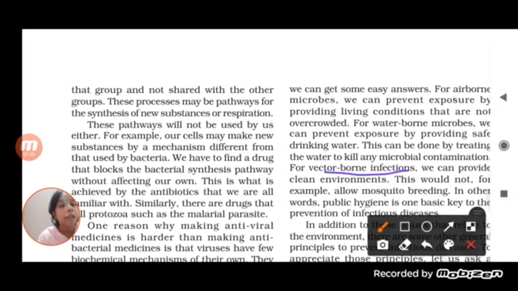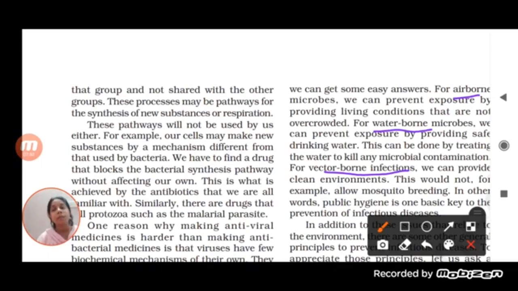We have seen airborne, waterborne, and now for vector-borne infection, we can provide a clean environment. This would not, for example, allow mosquito breeding. In other words, public hygiene is one basic key to prevention of infectious diseases. So for vector-borne diseases we can provide a clean environment, for example, we should not allow the mosquito to breed.